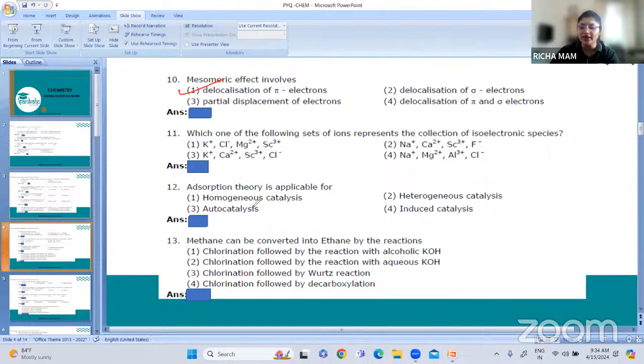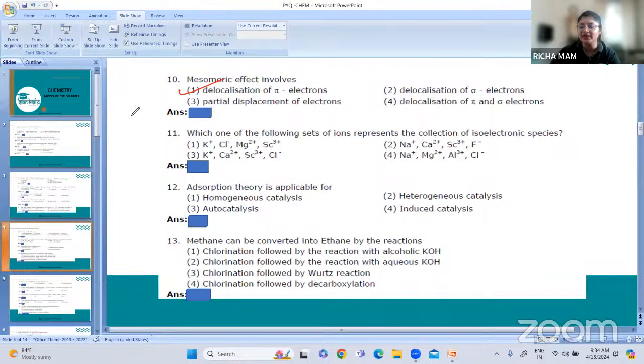So what it does is, in the mesomeric effect, when a substituent such as an electron withdrawing group is attached, delocalization of pi electrons takes place.